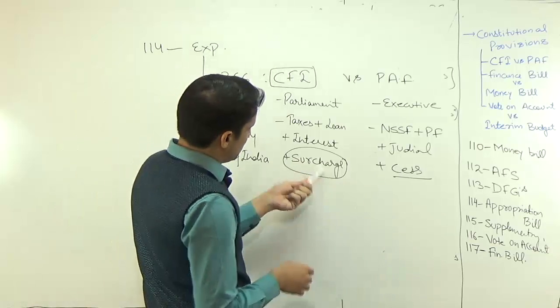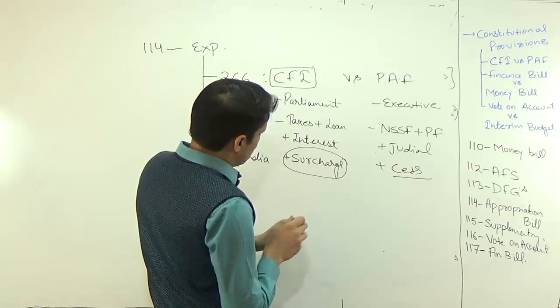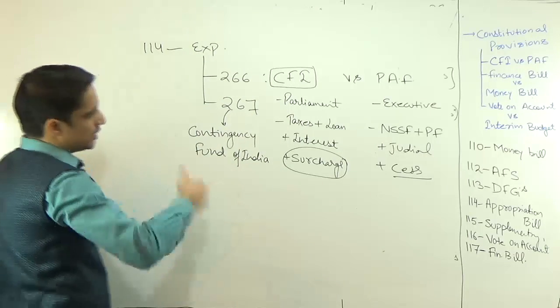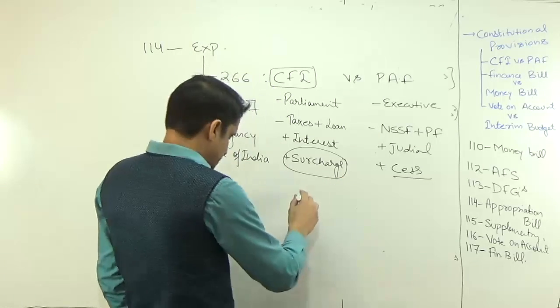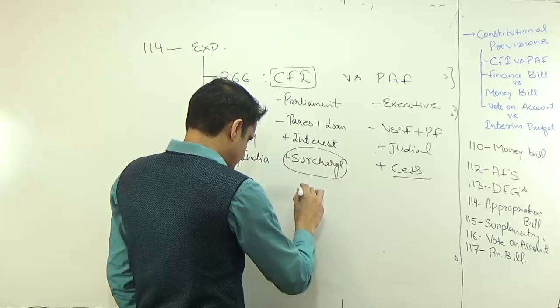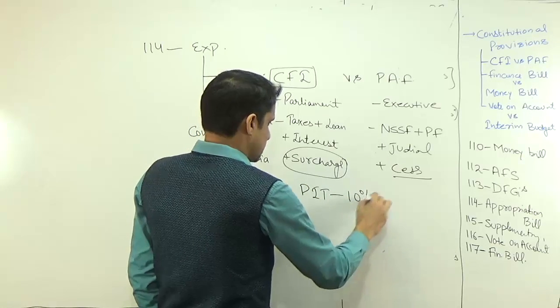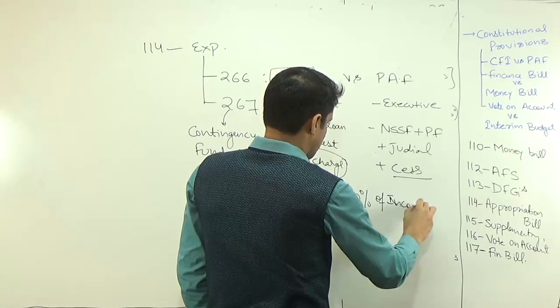Then we will discuss the difference between surcharge and cess. Surcharge and cess both are tax on tax. In the taxation chapter we will discuss this in detail. Both are tax on tax, meaning suppose your personal income tax is 10% of your net or taxable income.